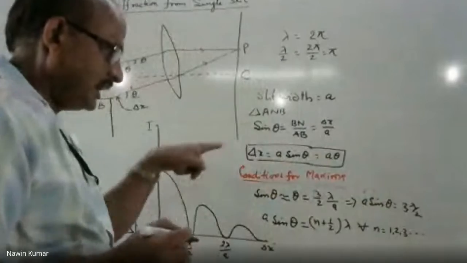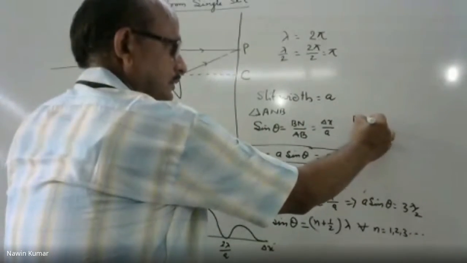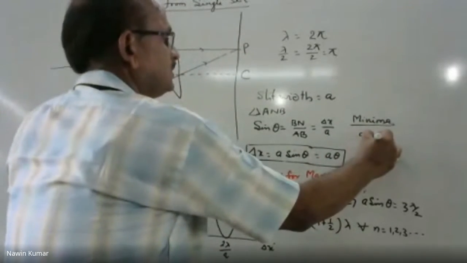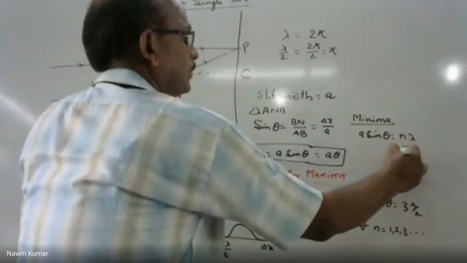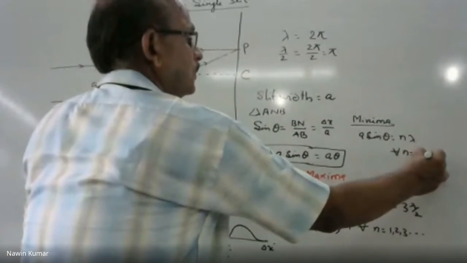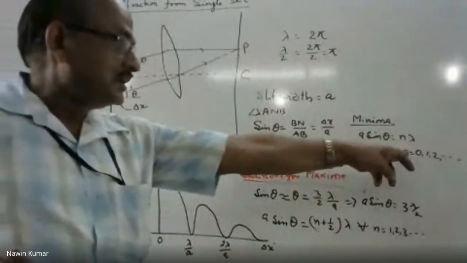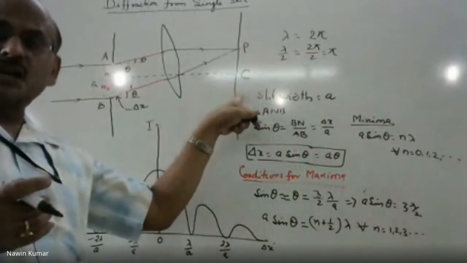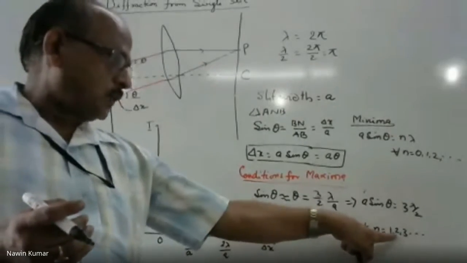Be careful. And here what we got for the minima is a sine theta equal to n lambda for all n equal to 0, 1, 2 and so on. Here n equal to 0 is for the central fringe, and here n equal to 1, 2, 3.